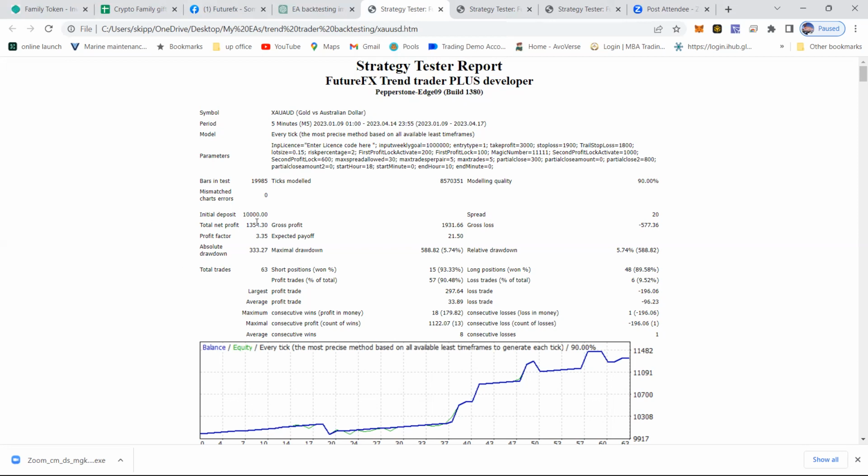this one's gold. But some of the Forex pairs are exactly the same from the 9th of January, which is the start of the backtesting, right through until like the middle of March. There's very little movement. So these are all just hitting the first profit lock and second profit lock, you know. So that means the market's never pushed very far in one direction or another.